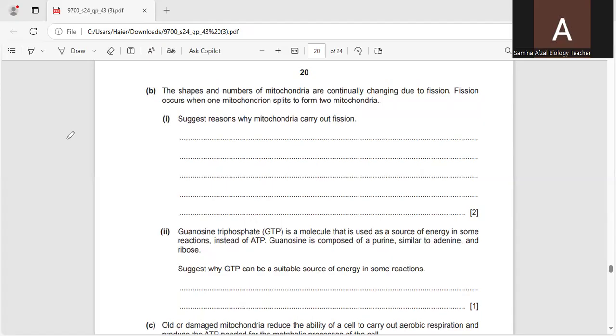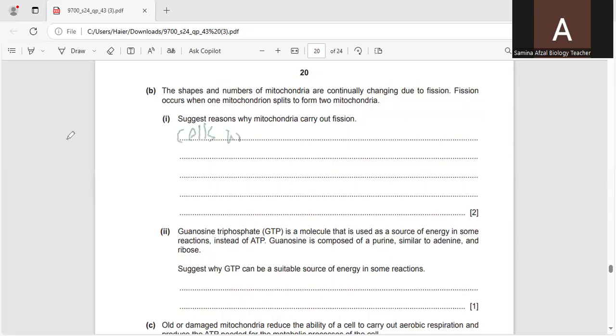So here I would like to write the importance of this fission. First of all, the first I would like to say is cell division.